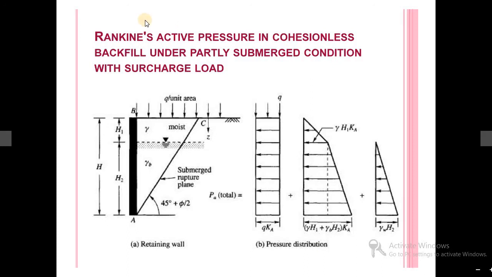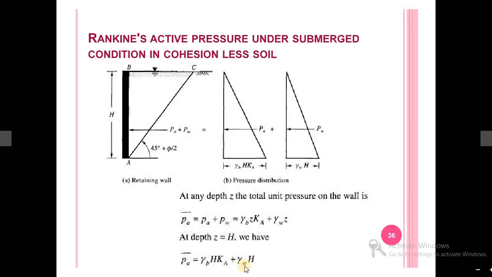The total area under this pressure distribution diagram will be the total pressure which is acting. So the total pressure will be 1/2 gamma b Ka H square plus 1/2 gamma w H square.